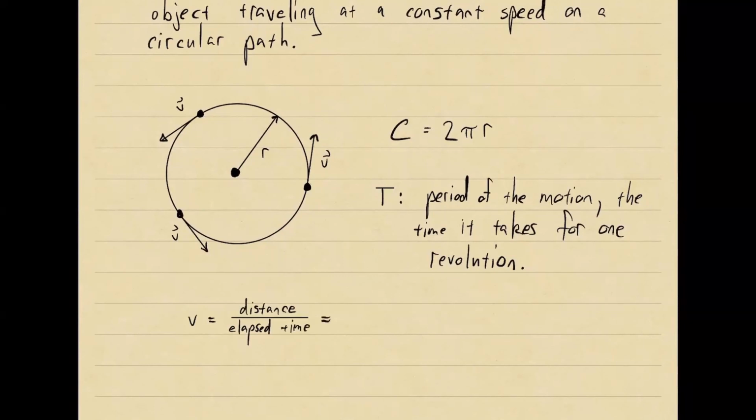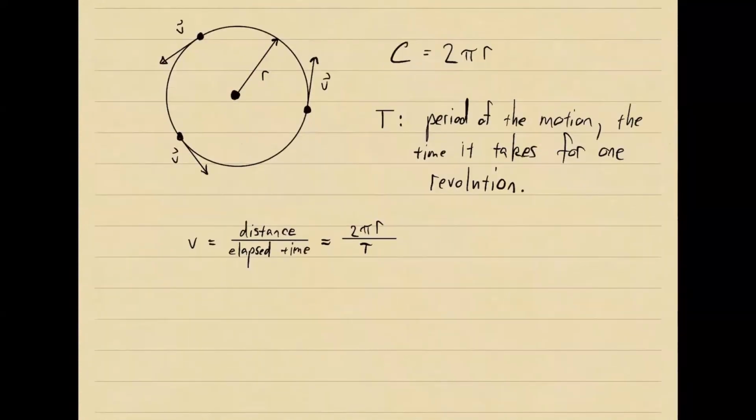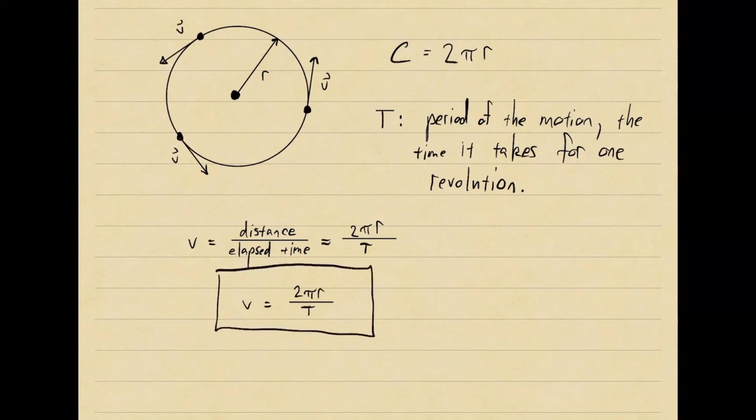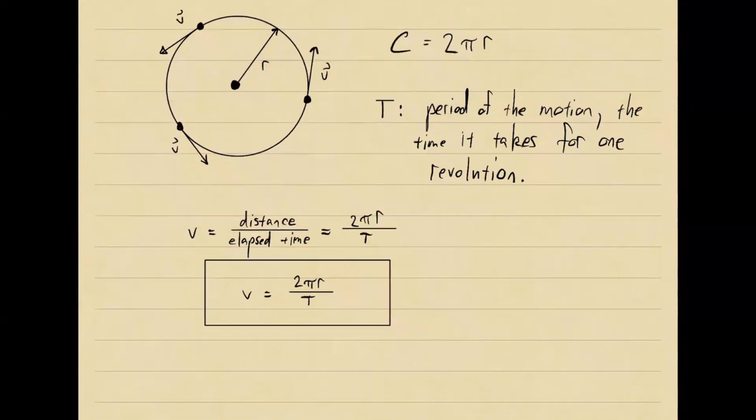If we go around the circle once, we will have traveled a distance of 2 pi r, and the elapsed time is just our period T. So this is going to be important. The magnitude of the velocity as we go around the circle at any point in time, if we're undergoing uniform circular motion, is v equals 2 pi r over T. This is our first main result from this chapter.